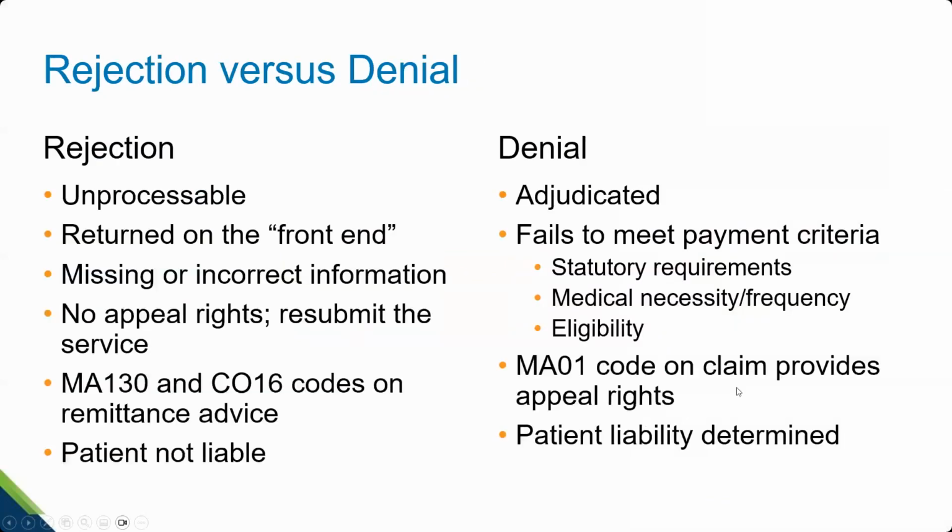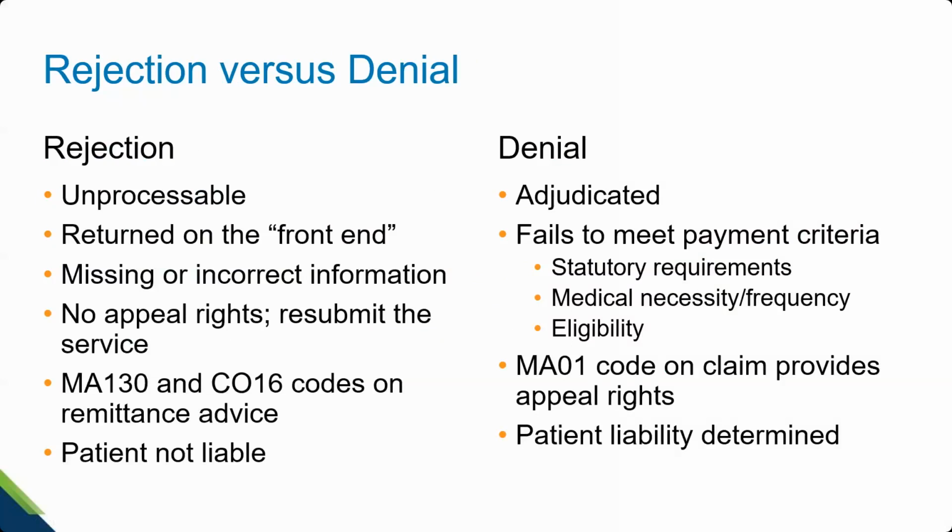It's really important for providers to understand that rejections are very, very different from denials. I think sometimes providers and people within their offices, and even people at WPS sometimes use these words interchangeably when they really shouldn't do that. A rejection is an unprocessable claim.